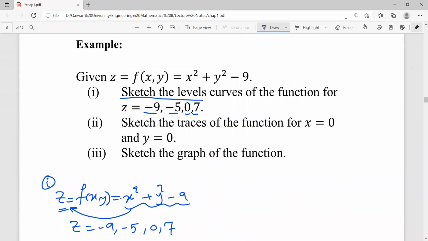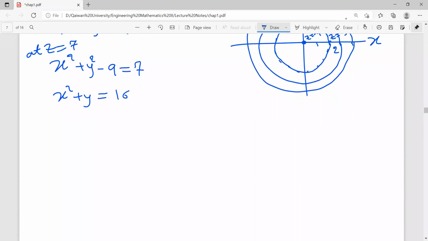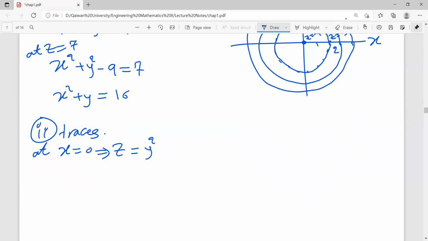For the second part, we should sketch the traces of the function for x to be 0 and y to be 0. For x to be 0, the function becomes z equals f of xy equals y squared minus 9.